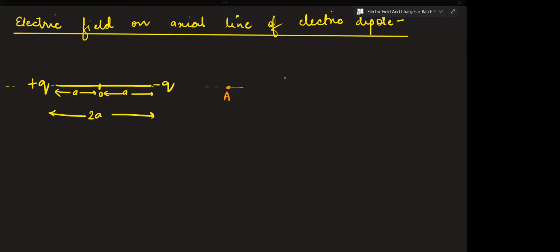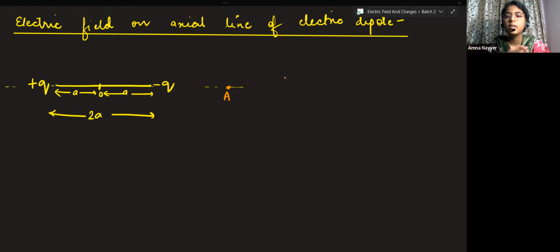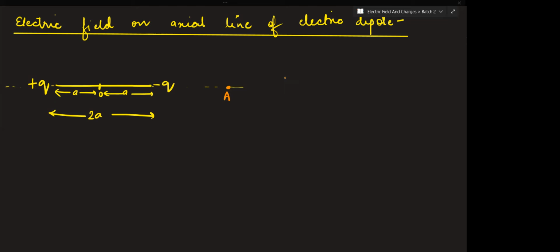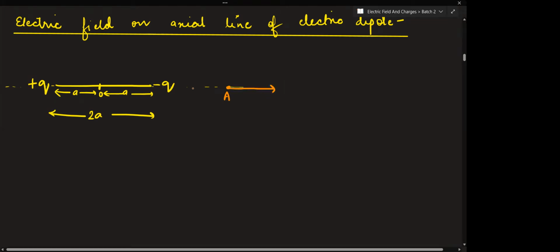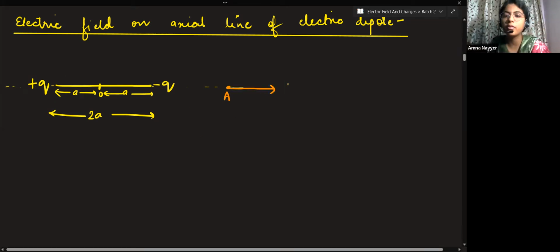Outwards. Will it be towards the right or left because of positive charge at point A? Right. Correct. It will be in this manner. See, this is your charge and you are moving away from it. This is your E plus Q.